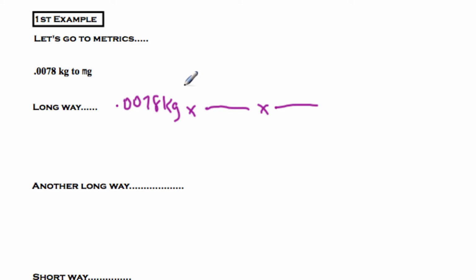We want to assassinate units. So if I have a kilogram on the top, I'm going to need a kilogram on the bottom. The root unit, kilogram. So the root unit is going to be gram. And then from grams, assassinate units, grams on top over there, we're going to milligram over here.